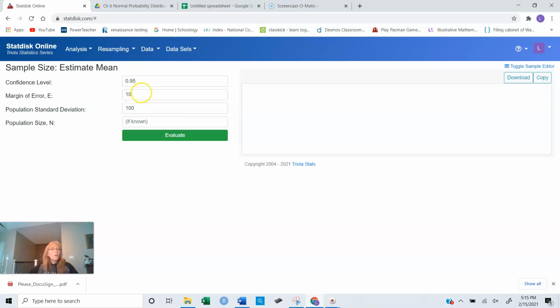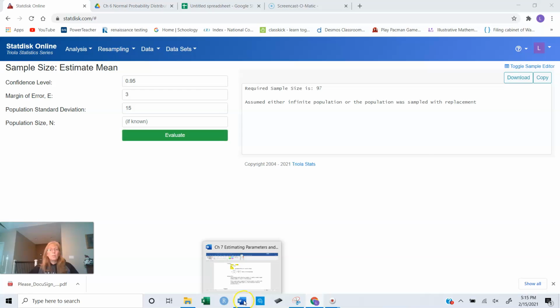Margin of error was 3 IQ points. Population standard deviation. Remember, we knew that from before. We hit enter and we hit evaluate. According to this, we will have to have a sample size of 97 people. Seems realistic. I think we could do that if we had to.